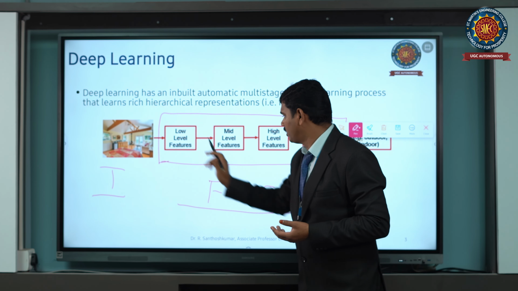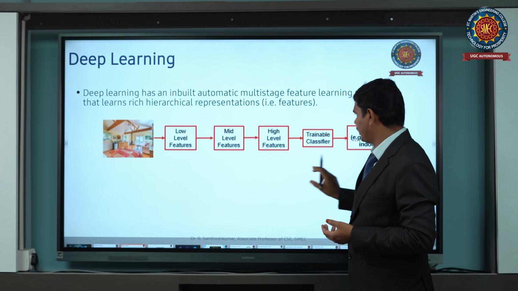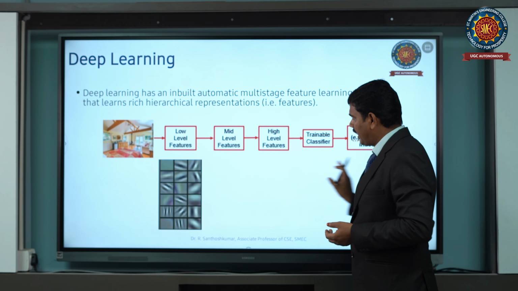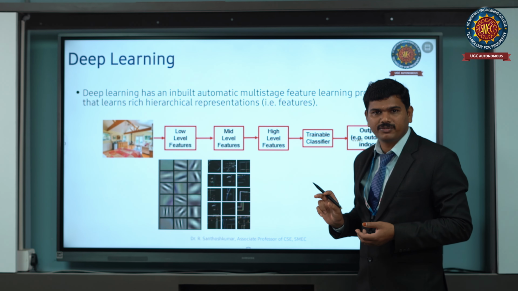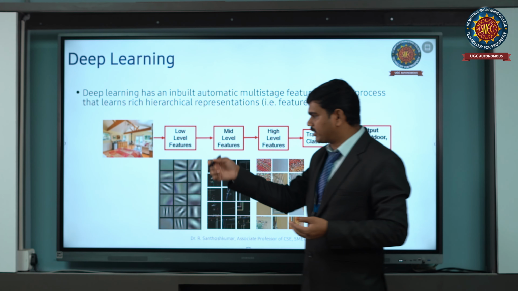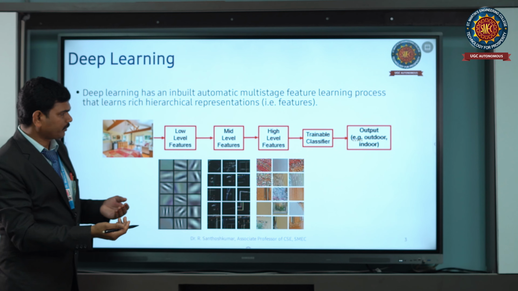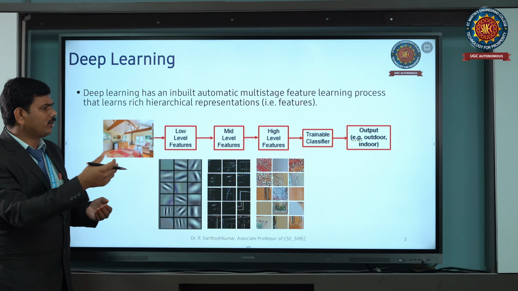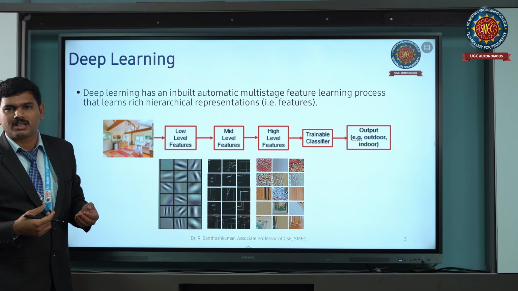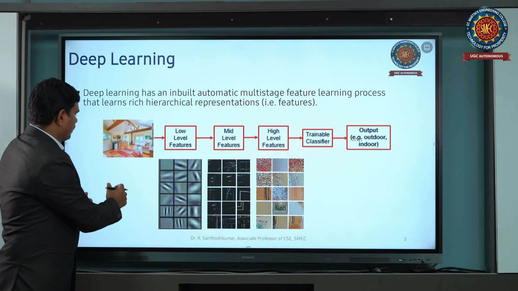Say for example, we can extract low level features, mid level features and high level features. Then after the extraction of low level, mid level and high level features, I can identify whether the input image is outdoor or indoor. So this is deep learning.